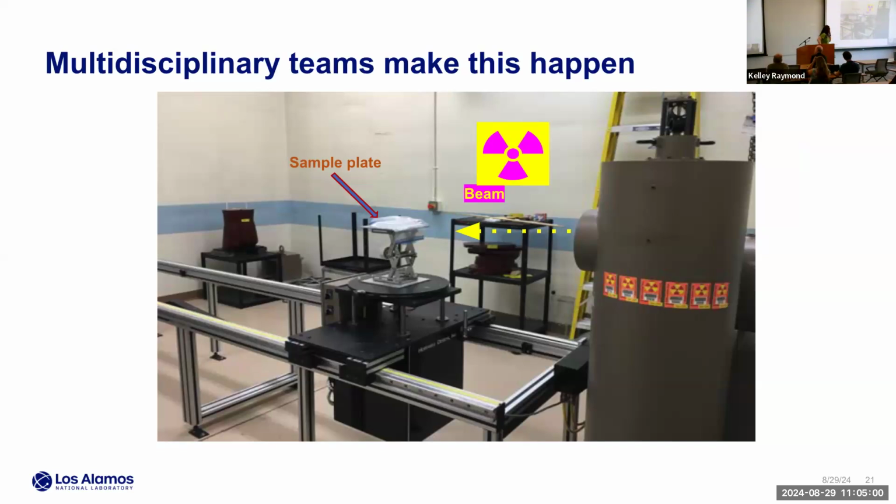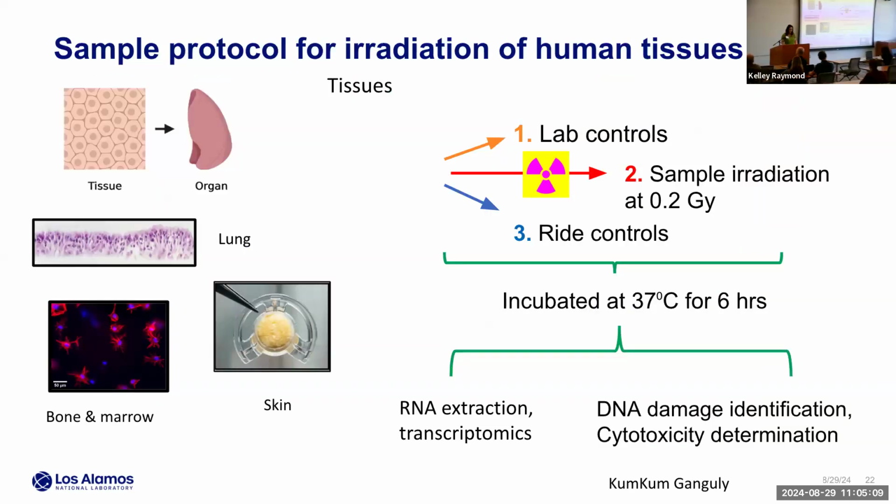We have cesium sources and rooms that are available for gamma irradiation. Some examples of things that we did: we'd culture our organs for specific tissues, and we'd drive them over to these gamma rooms and irradiate.